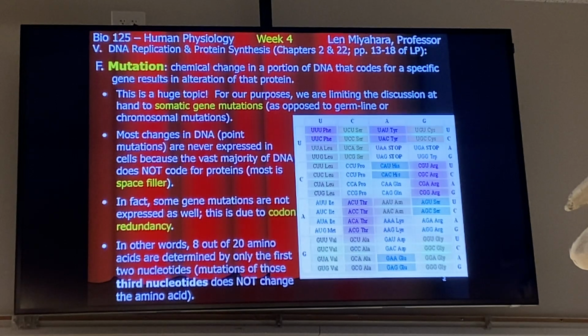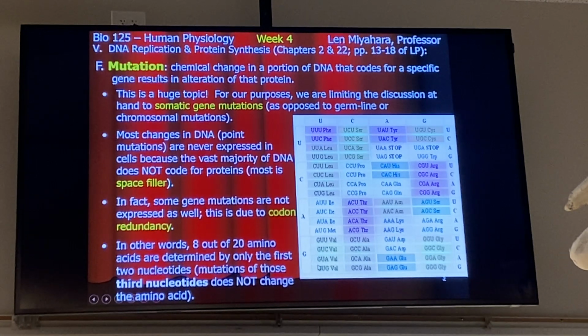It was on the whiteboard last week. Code is DNA. Codon is messenger RNA. Anticodon is transfer RNA. You've got to know that. You don't have to memorize what they code for. Remember, it is a 3-to-1 ratio. Do you guys remember that from last week? 3 nucleotides per amino acid.